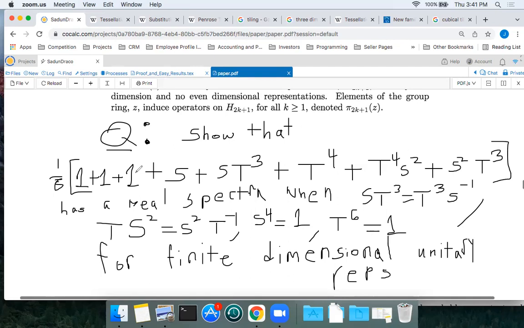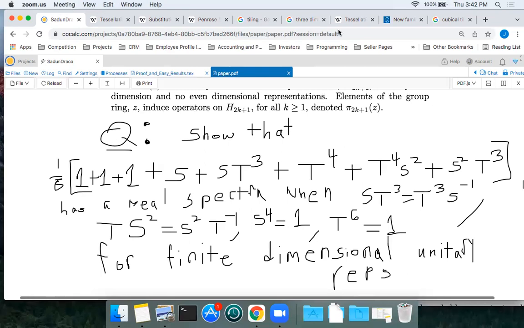Right now S and T are just matrices, and they are odd dimensional matrices, but maybe that doesn't even matter. Yeah, it's going to turn out that they have to be odd. So they're matrices, they're odd dimensional, they're unitary, meaning S inverse is S star. And that's what we know about them. Let's just mess around with these matrices until it becomes clear that this is a real spectrum, and then the numerical observation will make sense.